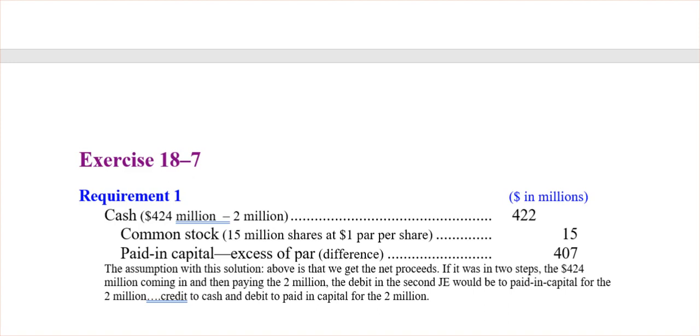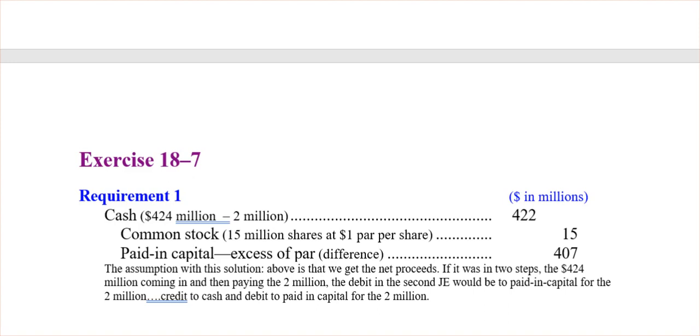Now, what if, and that's what I have in the smaller font here, what would happen if instead we had two separate transactions? We had cash of 424 million coming in, and then we turn around and cut a check, or do a wire transfer, something for 2 million. So the first transaction would be debit to cash, credit to common stock, credit to paid in capital, and we would do it like we normally would do an issuance of stock, and it would be 424 million.